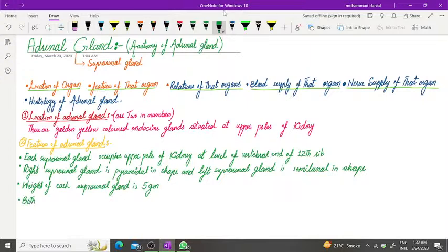Both adrenal glands are retroperitoneal organs and enclosed within the renal fasciae.